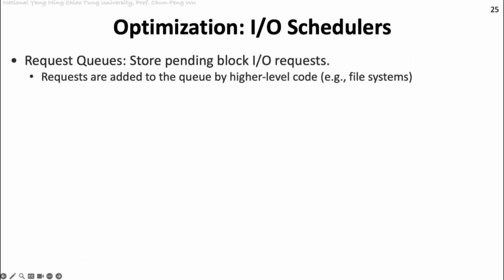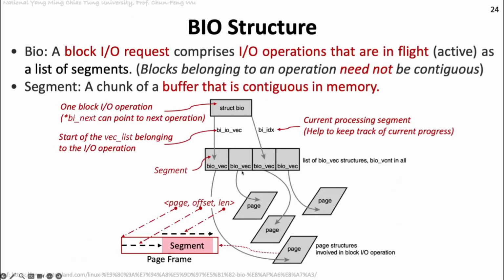For example, if two I/O operations are reading the same file, but one reads the first part of the file and the other reads the bottom of the file, they are not continuous. The file system will merge them together and send them to the block I/O layer with one BIO structure. This is what we call the block I/O request.